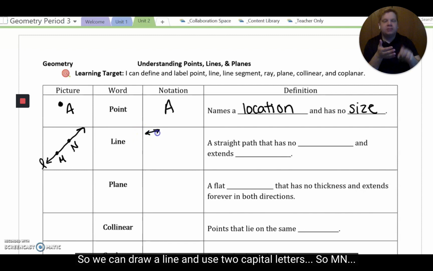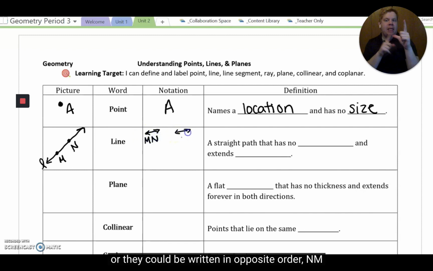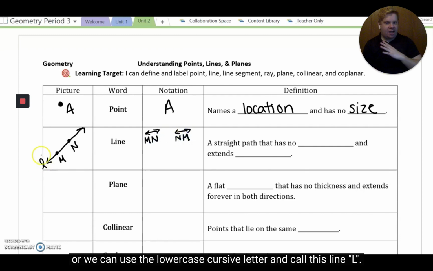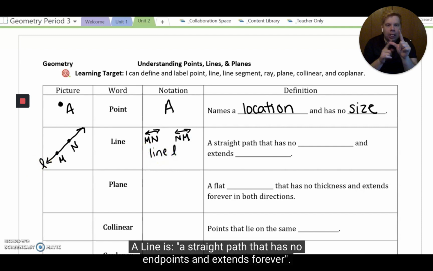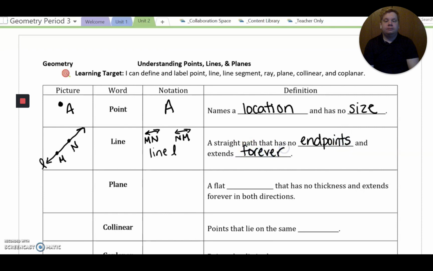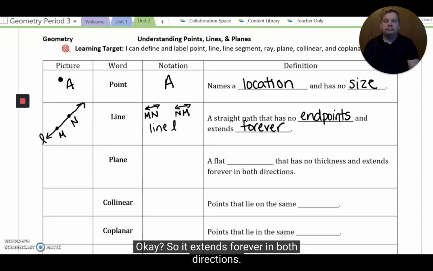So we can draw a line and use two capital letters, so MN, or they could be written in opposite order, NM, or we can use the lowercase cursive letter and call this line L. A line is a straight path that has no endpoints and extends forever. Okay, so extends forever in both directions.